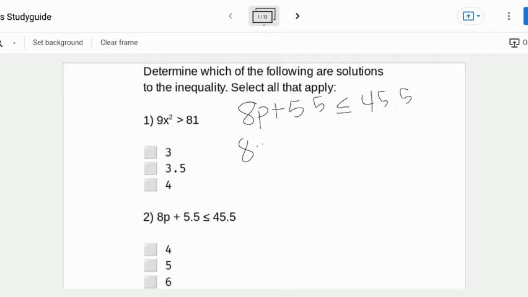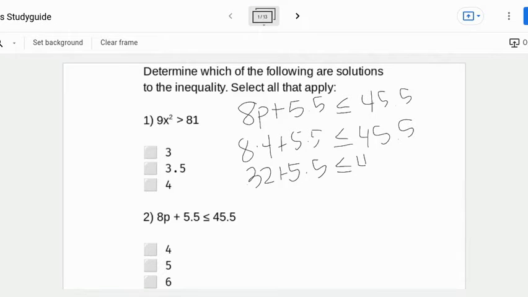So 8 times 4 plus 5.5 is less than or equal to 45.5. 8 times 4 is 32 plus 5.5, well, that's 37.5 is less than or equal to 45.5. Yes, that is true. So 4 will work.